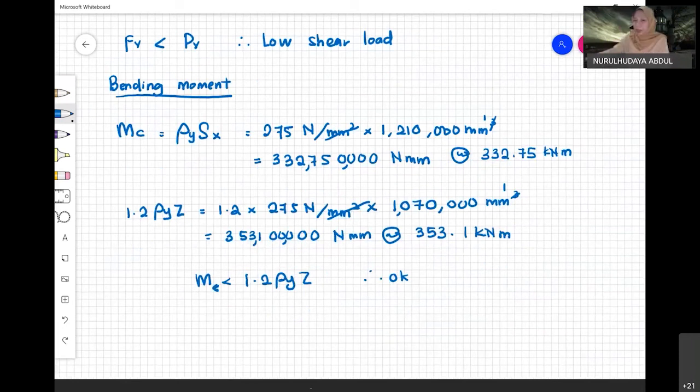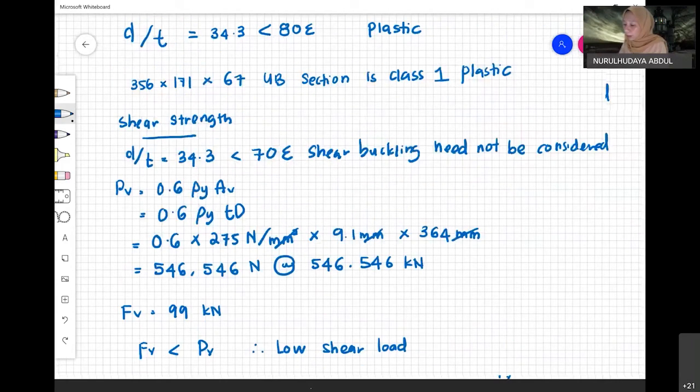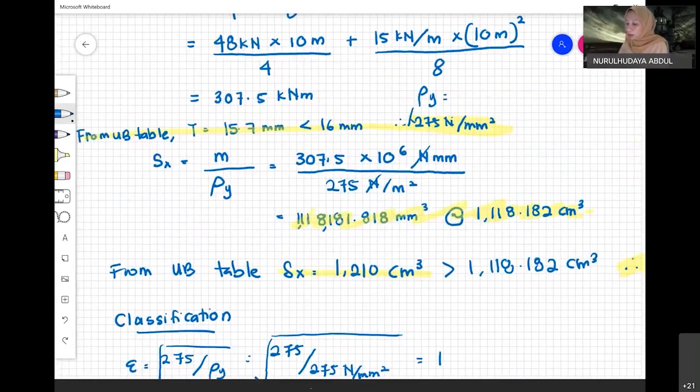MC. Kita dah dapat MC. Okay. And then kita tak boleh terus compare sebab M yang you kira dekat atas, yang you kira daripada loading tadi tak termasuk dengan self weight. So kita kena kira self weight moment. But we already know moment yang dekat yang kita dah kira daripada loading. We can simply just tulis dululah.